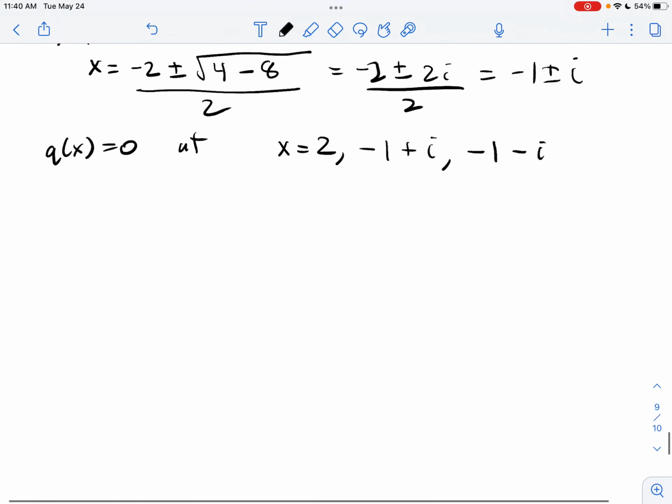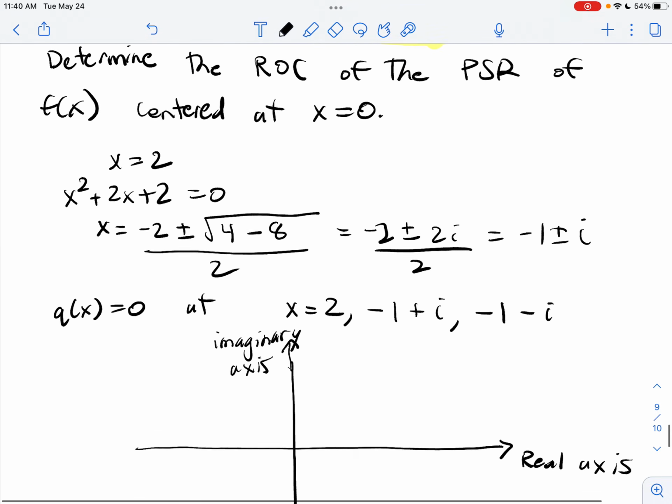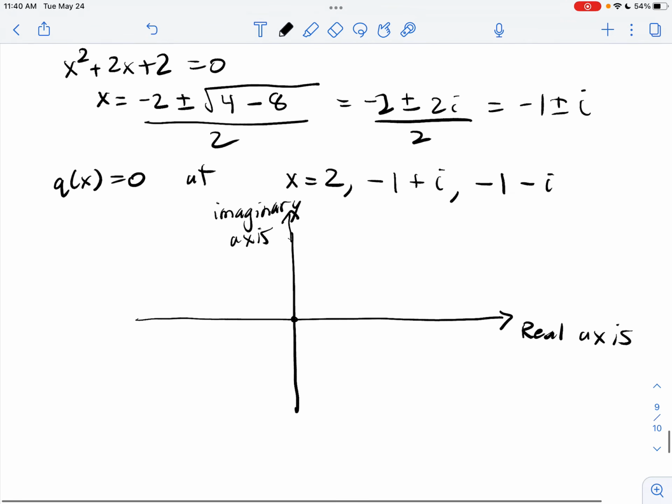And so if we were to graph these all on the complex plane, remember this is the real axis, and this guy is the imaginary axis. We're centering at x equals 0, so here is x equals 0, and then all of these guys, let's see where they sit. We have x equals 2 is right here.